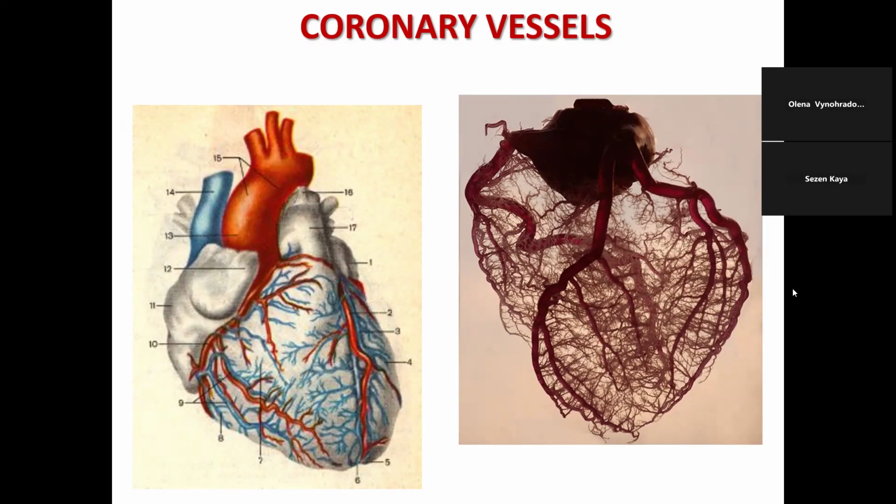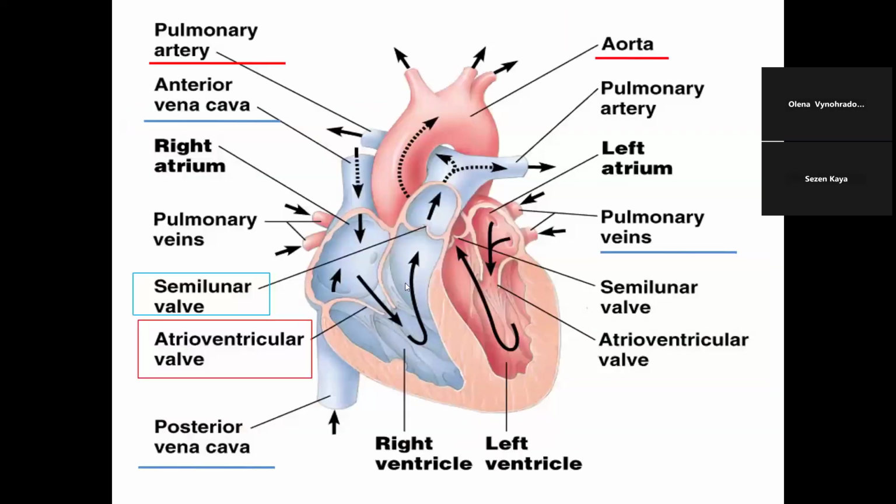I saw a picture like this, look please, with all the heart vessels separated, and you can see it right now. We are saying that our heart is four-chambered. It means it has 2 atriums and 2 ventricles.